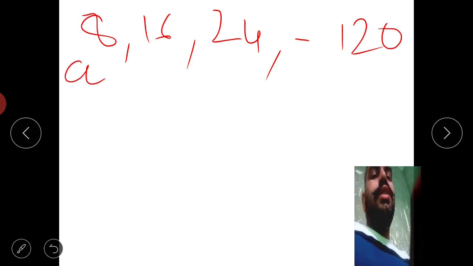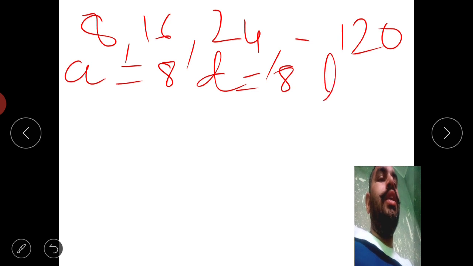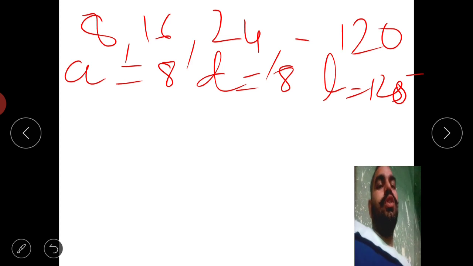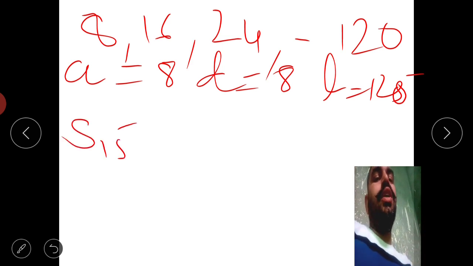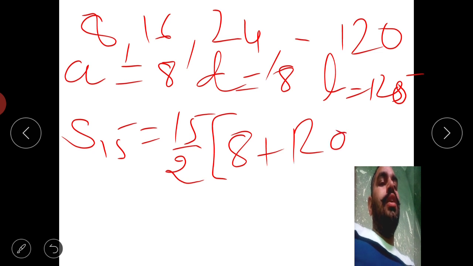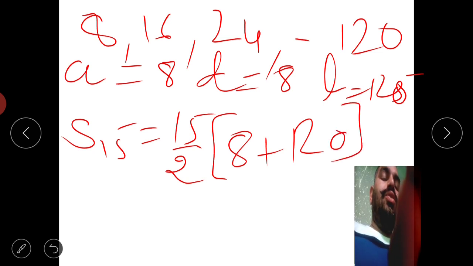So a is 8, d is also 8, l is 120. Okay or not? So are you able to find S15? So 15 by 2 into a, which is 8, plus the last term 120. So add this and solve this. Got it or not? Yeah, I think you got it.